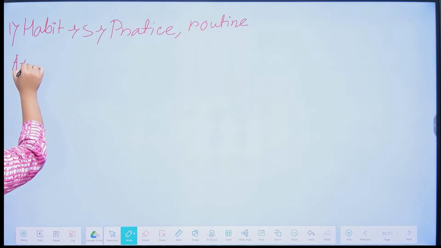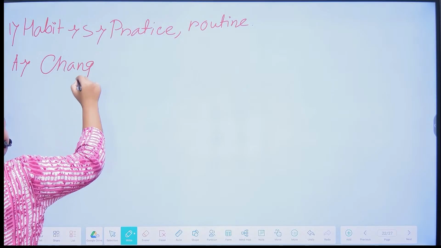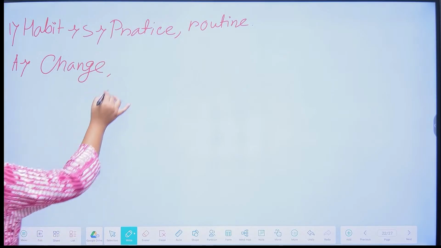And the antonyms of habit are change and difference.